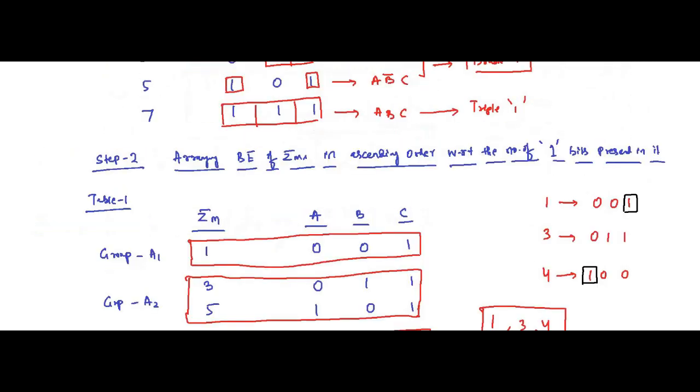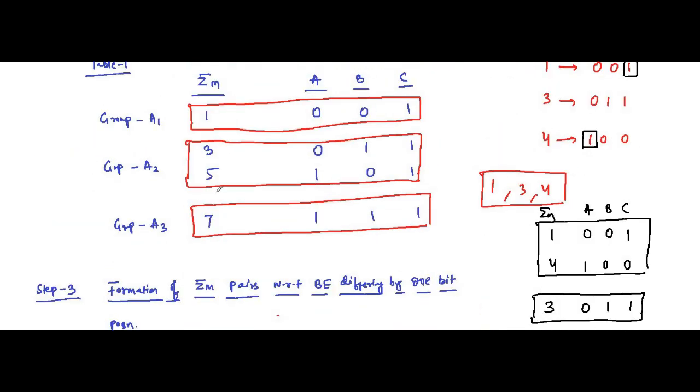Now we'll be forming Minterm pairs. We have to form Minterm pairs between adjacent groups. Minterm pairs will be formed between groups A1 and A2, and A2 and A3. There can never be a Minterm pair formed between A1 and A3, because we have arranged the minterms in 3 groups depending on the number of ones present, so they would differ in 2 or more bit positions, not 1 bit.